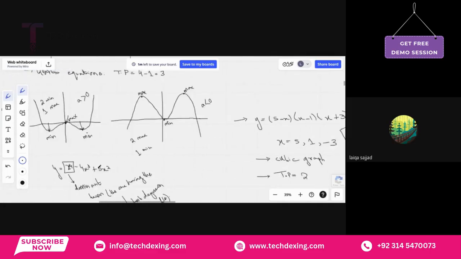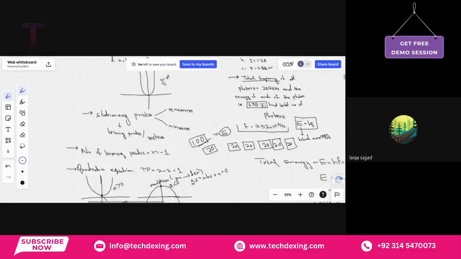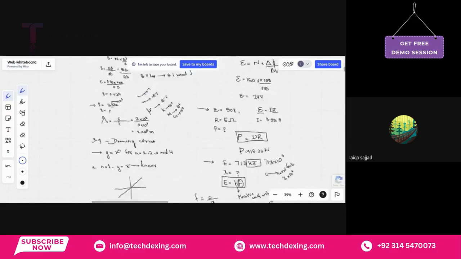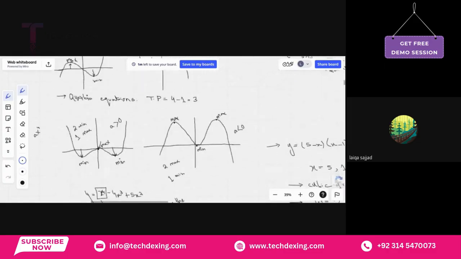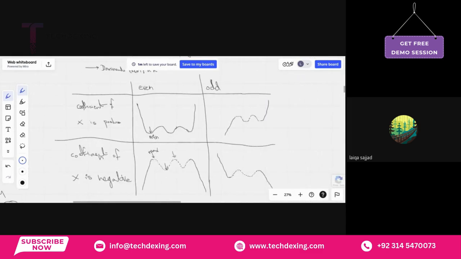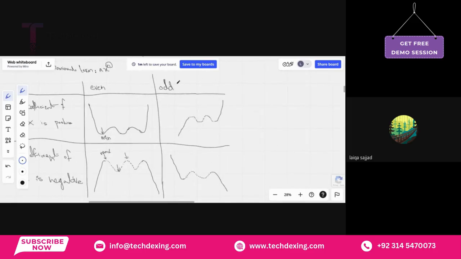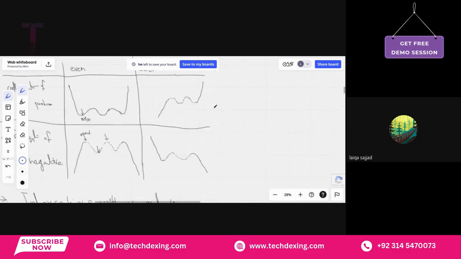And if we talk about the structure of it, what type of graph will we get? We made a grid yesterday, so you can see it from here. If you have a degree which is odd, and if the coefficient is negative, you get a graph which looks like this.